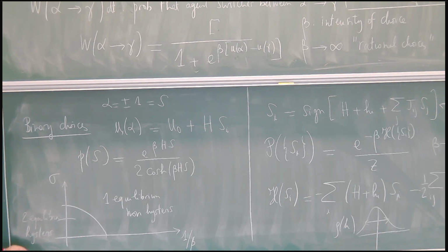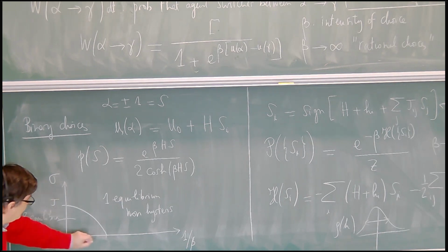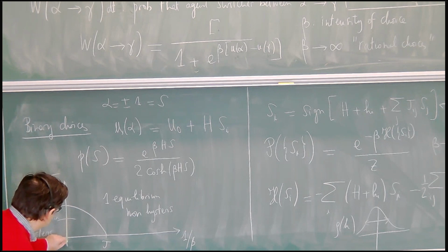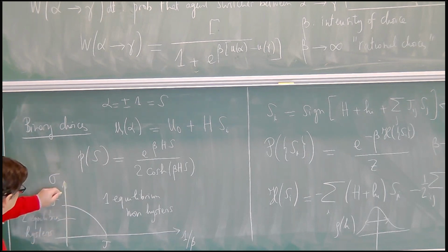So if you remember, in the previous model where the temperature was 0, so beta was infinite, then we were on that line. So this is the previous lecture.